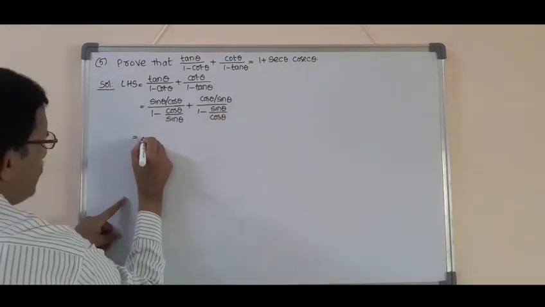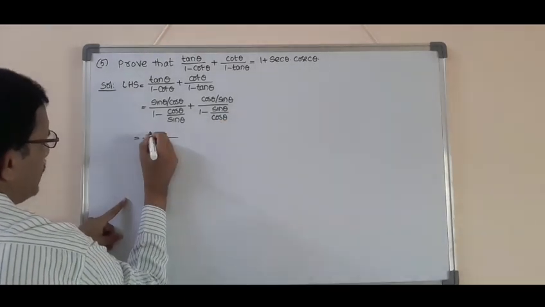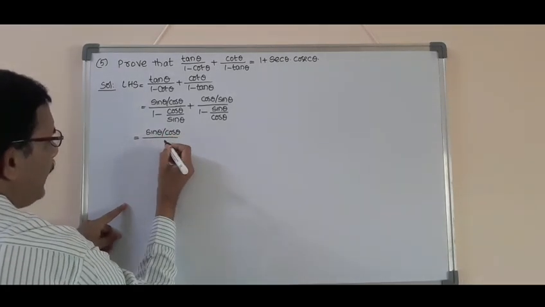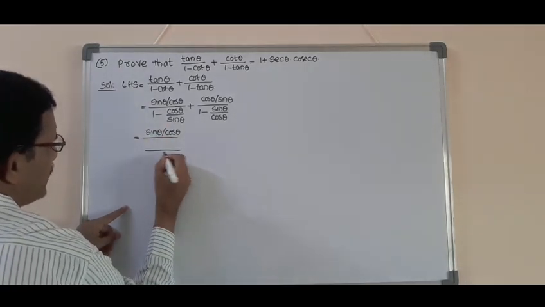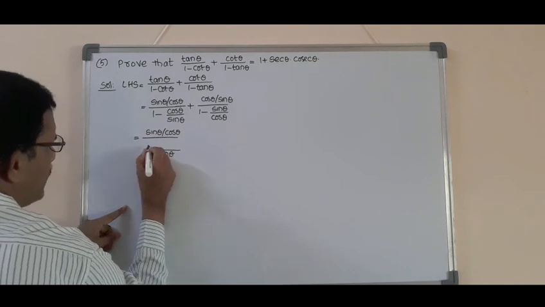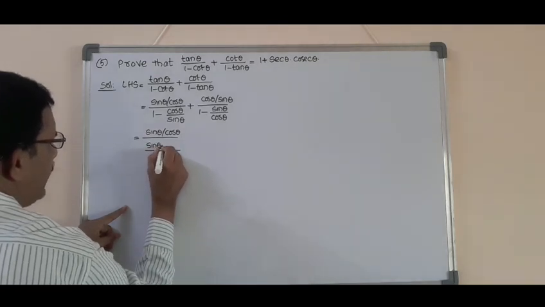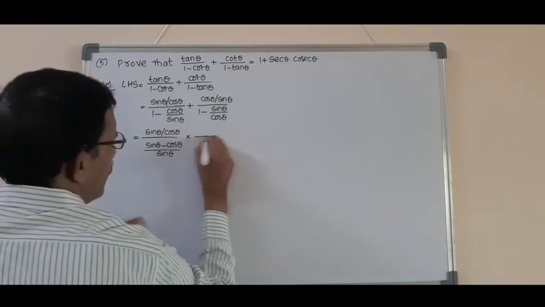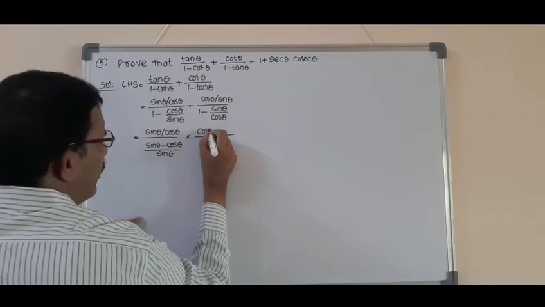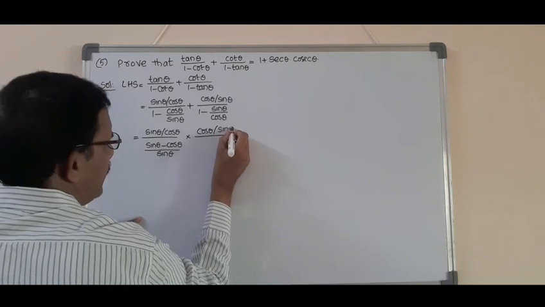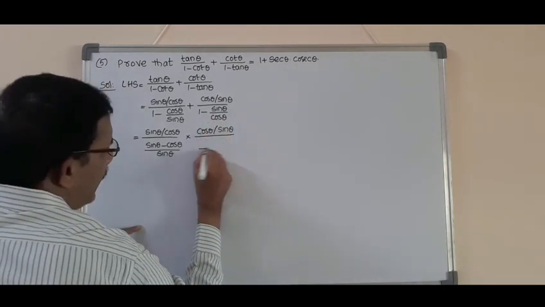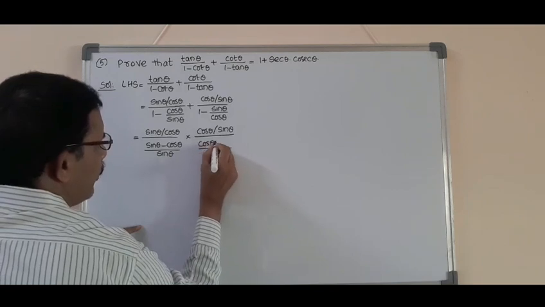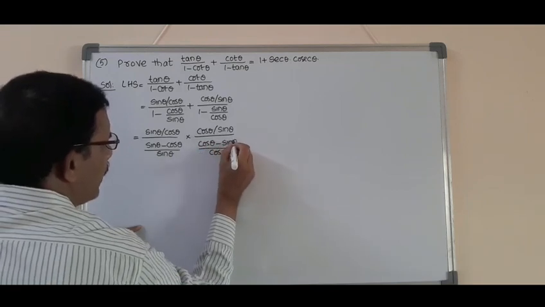This is equal to sin theta by cos theta, by taking LCM. LCM is sin theta. (Sin theta minus cos theta) into cos theta by sin theta by, here also taking LCM, that is cos theta, (cos theta minus sin theta).